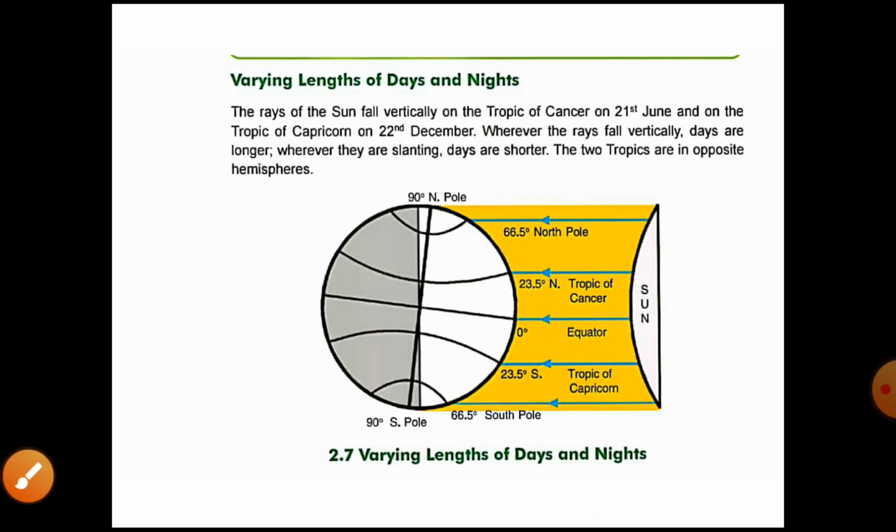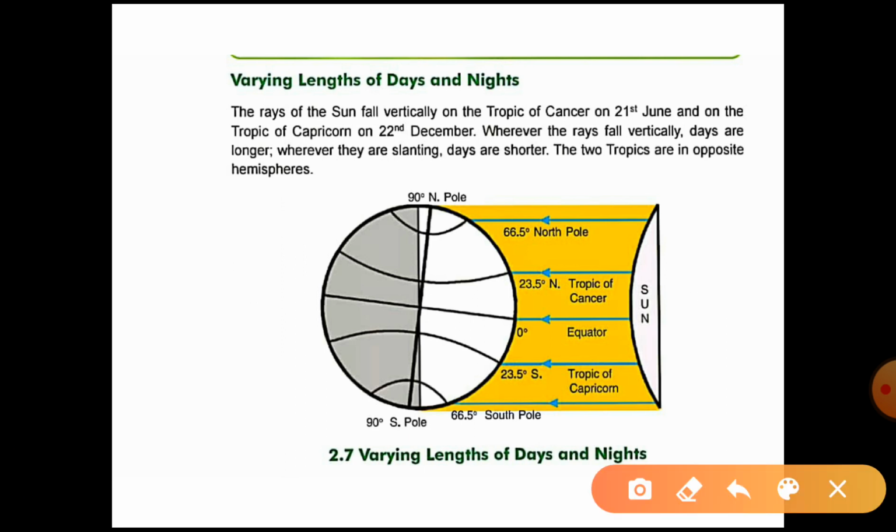The two tropics are in opposite hemispheres. Okay, the Tropic of Cancer and Tropic of Capricorn are opposite. For example, if in the northern hemisphere here is the longest day or longer day, then here is a shorter day. Here longer night and shorter day, here longer day and shorter night, so it is opposite.